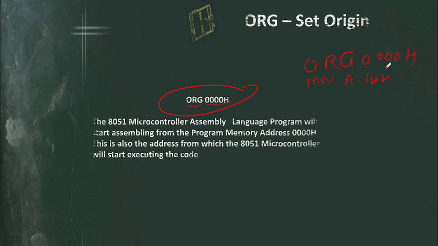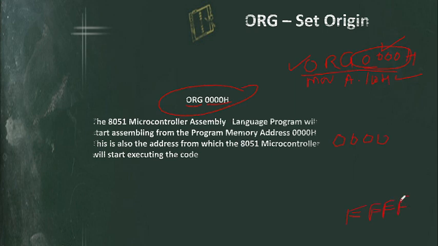When you write ORG 0000H, it means the instructions you write on the next lines will start storing from this location. This is just directing the processor that the instructions we write after this line have to be stored from this location. You can take ORG 0000 or any other number, but it should lie between 0000 and the maximum, FFFFH.